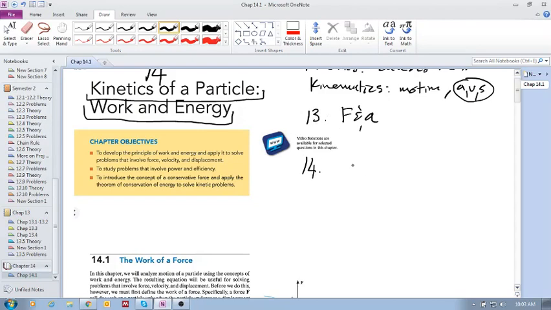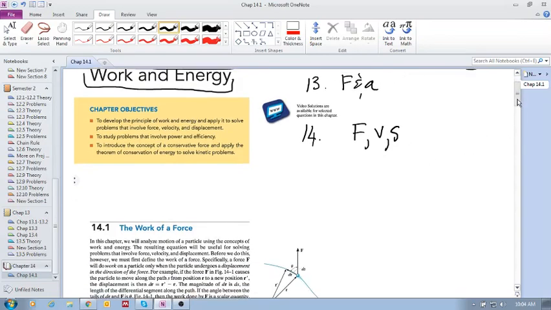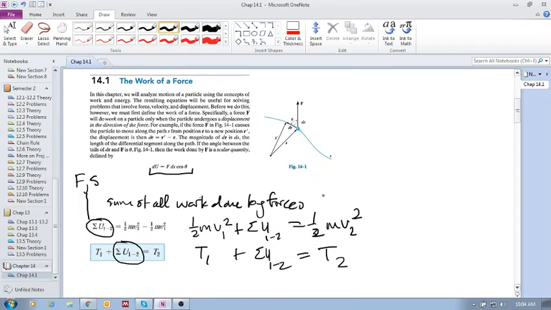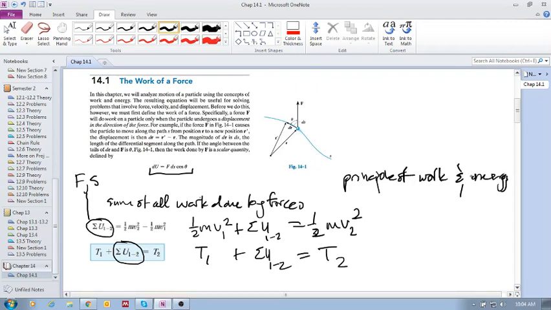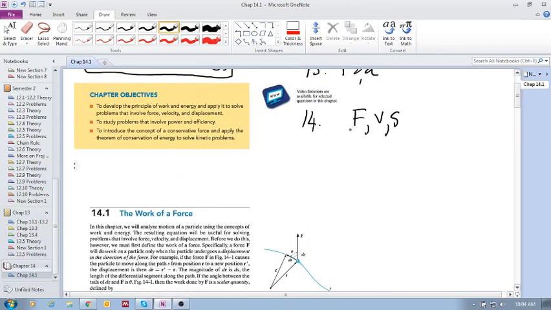However, in chapter 14, if we've got force, velocity, and displacement information, we can use the principle of work and energy. You can see there's the work and there's the energy. The principle of work and energy allows us to solve problems that involve force, velocity, and displacement.